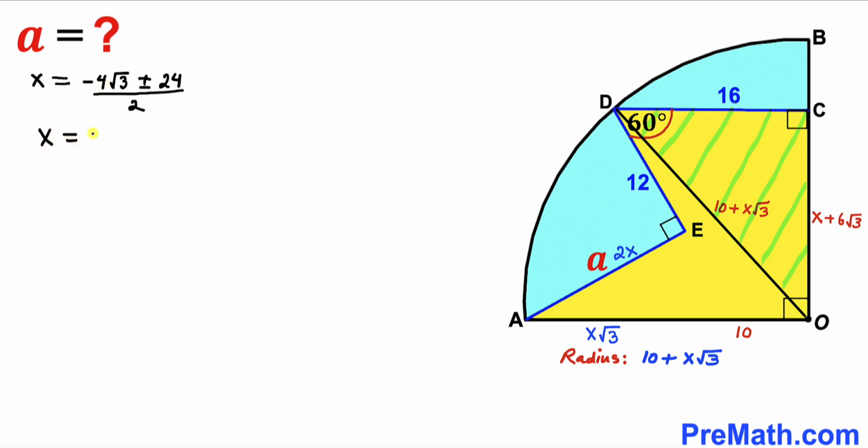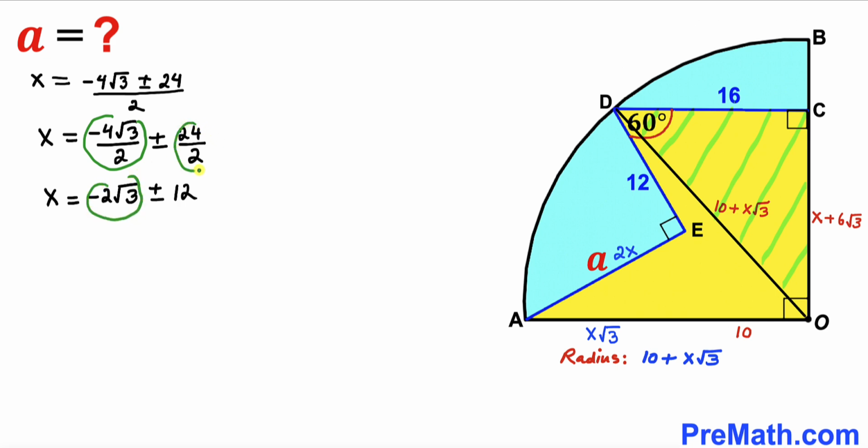I can write negative 4 times square root of 3 divided by 2, and plus or minus another fraction, 24 over 2 as well. And if we simplify this one, that is going to give us negative 2 times square root of 3, and here 24 divided by 2 is going to give us 12 in this next step.